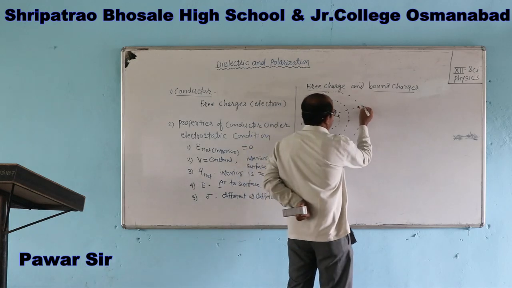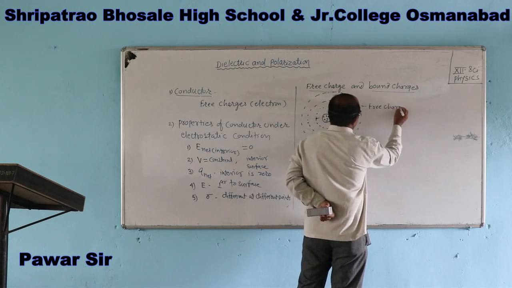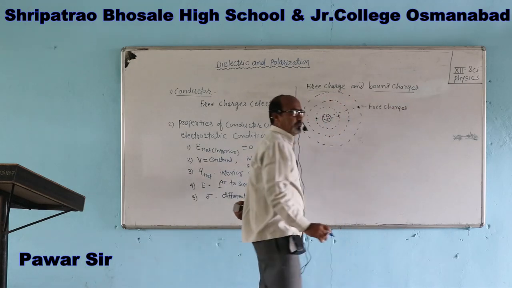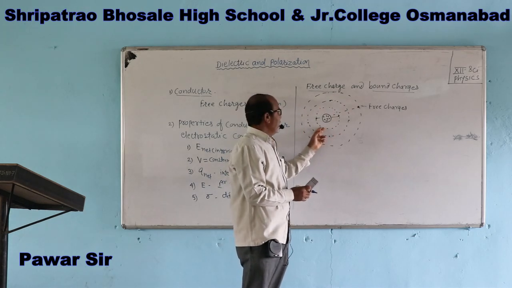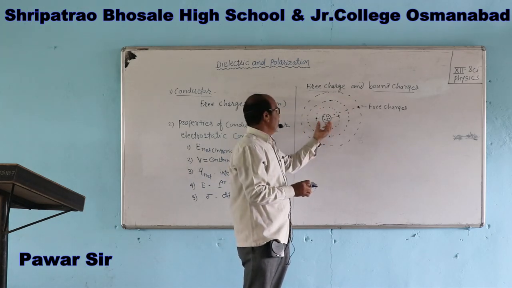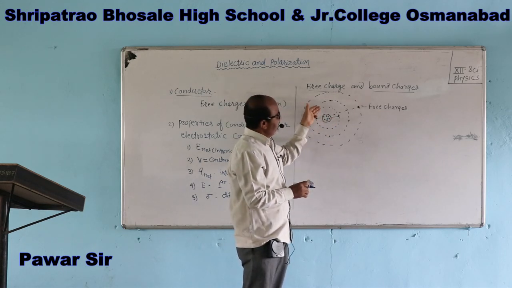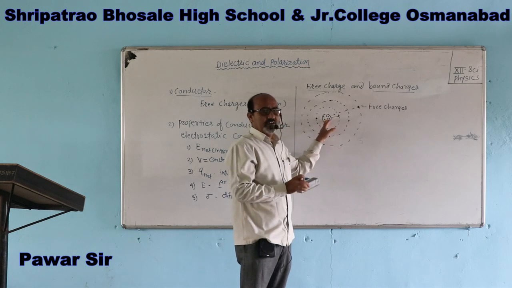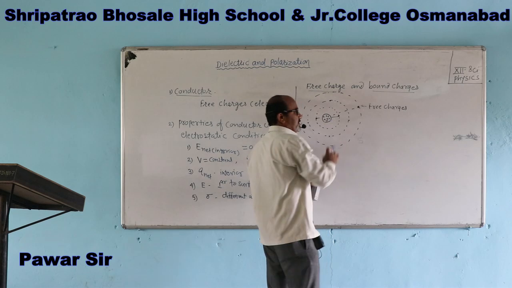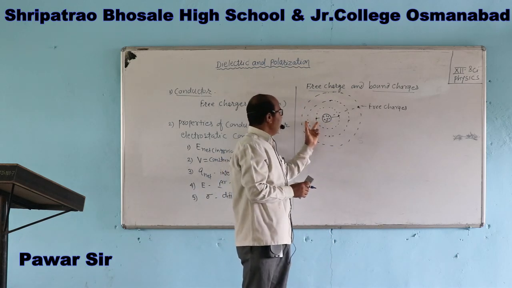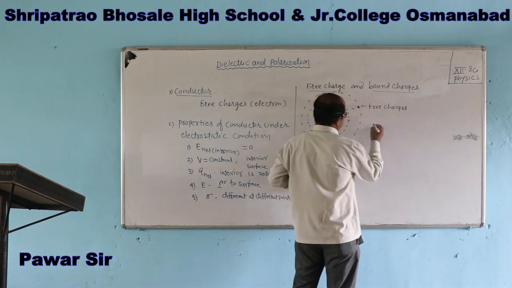Hence, these charges are called free charges. Electrons in the inner orbit are very tightly bound to the positive charge on the nucleus. Hence, these negative charges and positive charges cannot move. Therefore, the charge on the nucleus and the charge of electrons in the inner orbit are called bound charges.